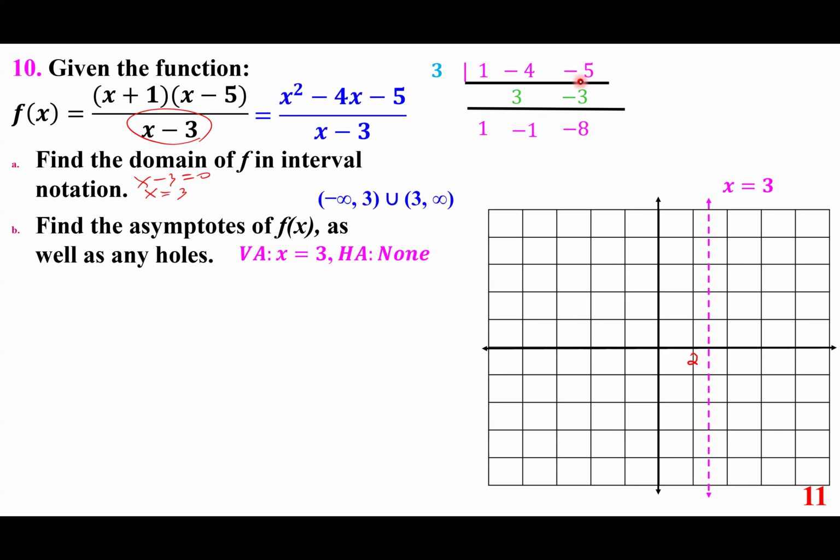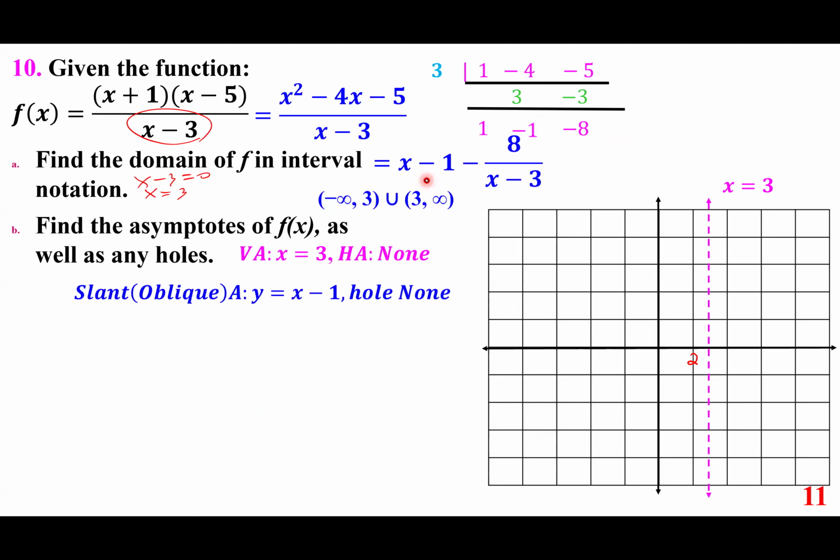So this was x squared, this was x. So this is 1x minus 1. So the answer is x minus 1 minus 8 over x minus 3. Which indicates what? y equals x minus 1 is our oblique or slant asymptote.